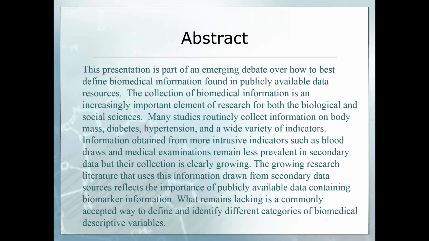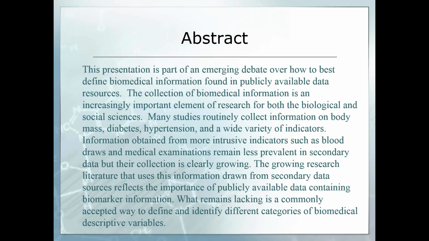The collection of biomedical information is an increasingly important element of research for both the biological and social sciences. Many studies routinely collect information on body mass, diabetes, hypertension, and a wide array of indicators. Information obtained from more intrusive indicators, such as blood draws, medical examinations, etc., remain less prevalent in secondary data, but their collection is clearly growing.